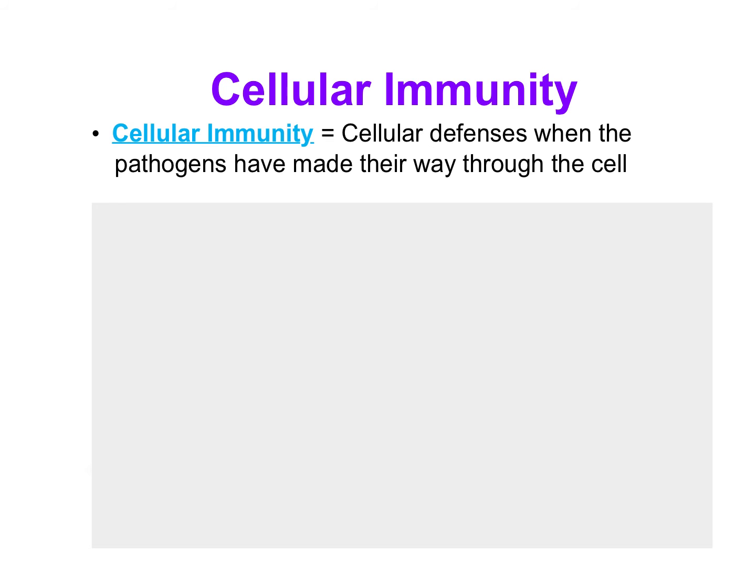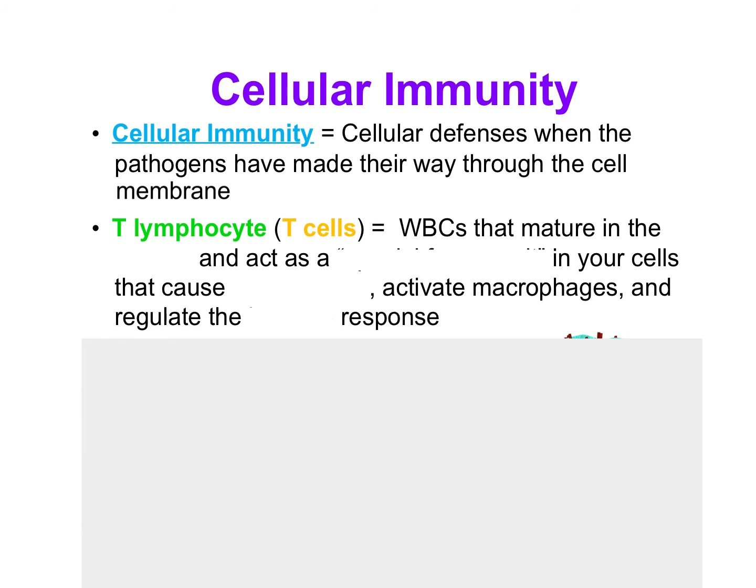And our second mechanism for adaptive immunity was our cellular immunity. And this works by our cellular defenses when the pathogens have made their way through the cell membrane. So again, they must have made their way inside the cell at this point for this level to have taken over. So the cell that is responsible for cellular immunity is our T lymphocytes, so our T cells. And again, these are white blood cells that mature, but this time they mature in our thymus.